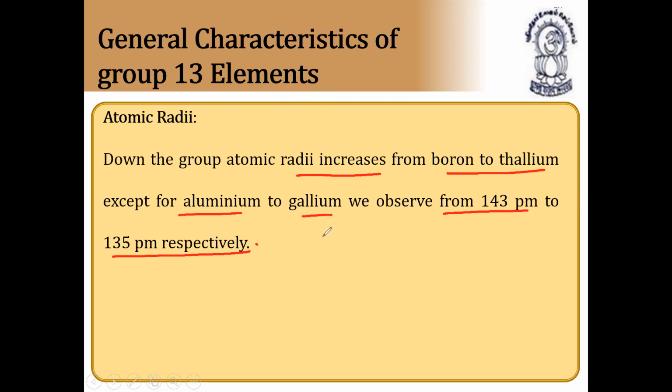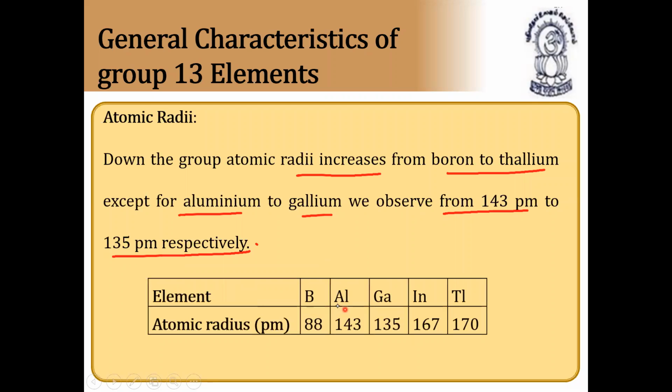Why? Because only for gallium the atomic radius is decreasing. What is the configuration of gallium? Gallium's atomic number is 31, so it is argon 3d10 4s2 4p1.